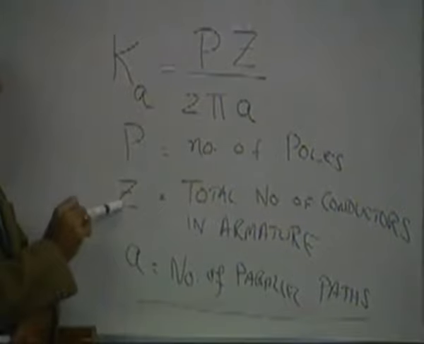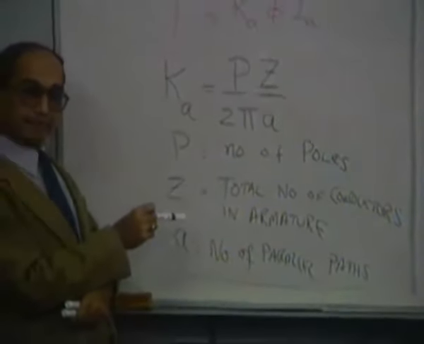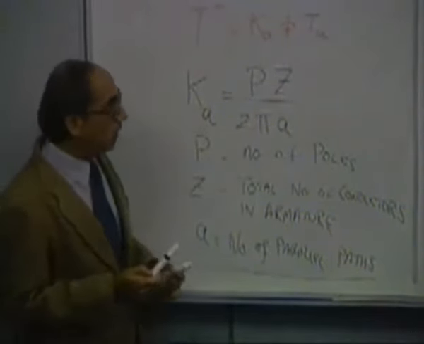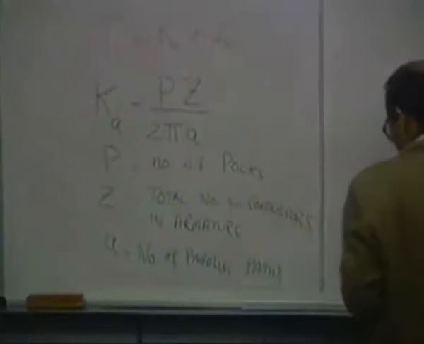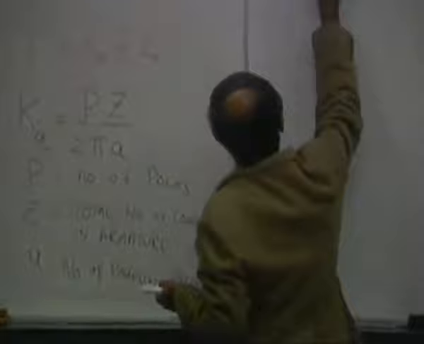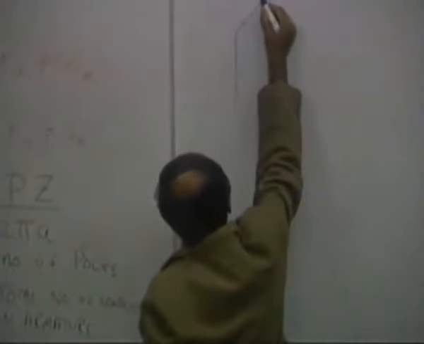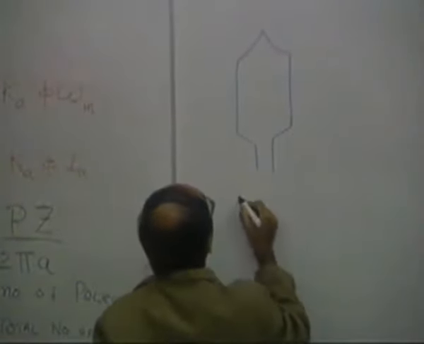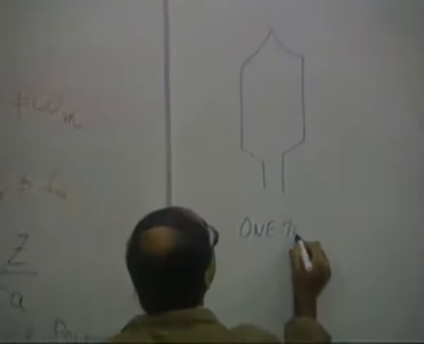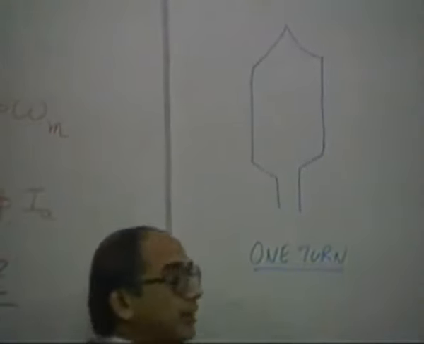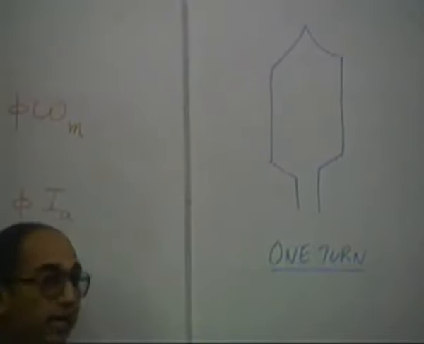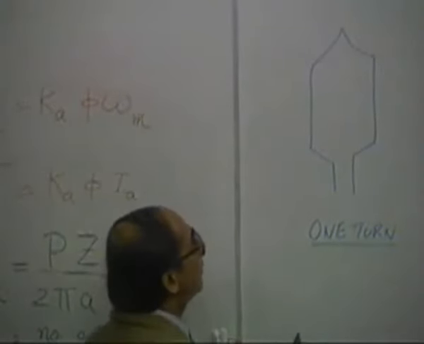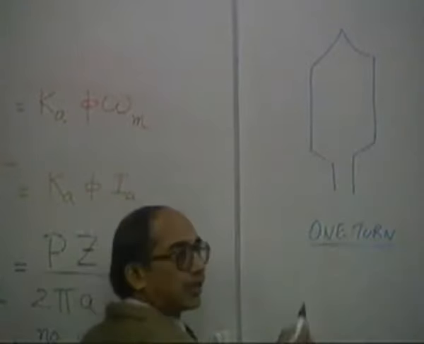Now, we should know how these windings are made in the armature of a DC machine. Let us go to the basics. There will be a turn. Let us say this is one turn. That means all you do is take a wire and bend it like this and form one turn. So, there is one conductor here, another conductor here.